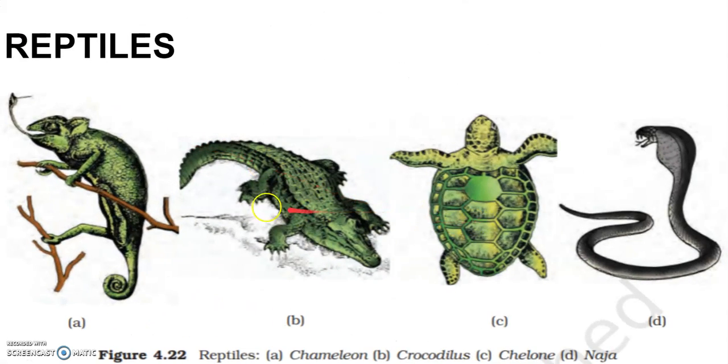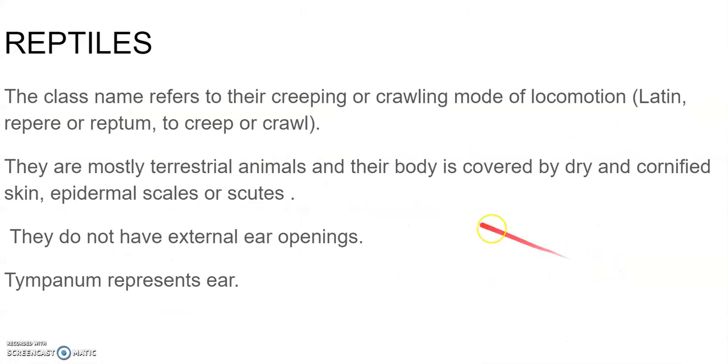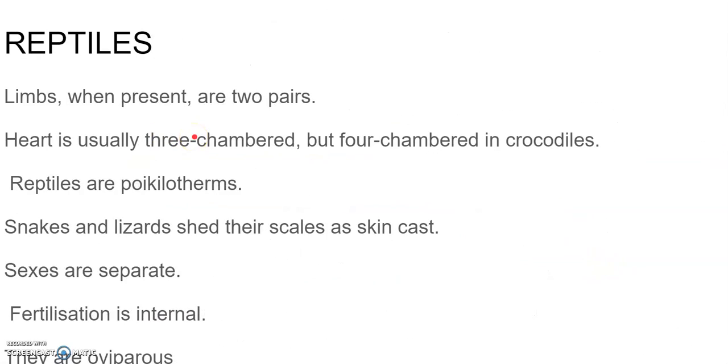Observe these three: here limbs are there, four limbs, forelimbs and hind limbs. But here no limbs. Limbs are absent in snakes; snakes are limbless reptiles.